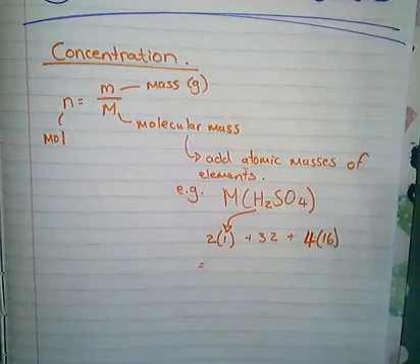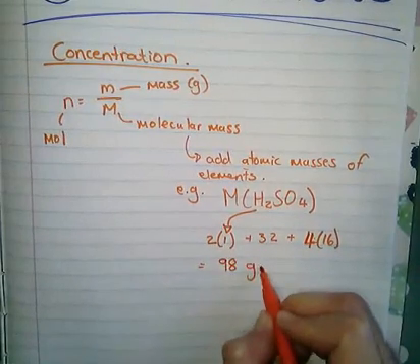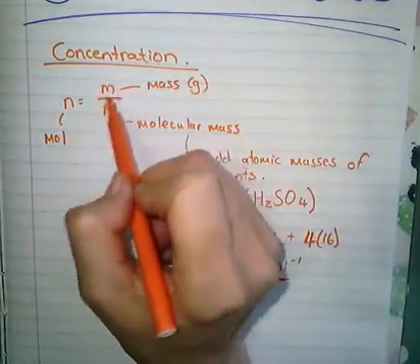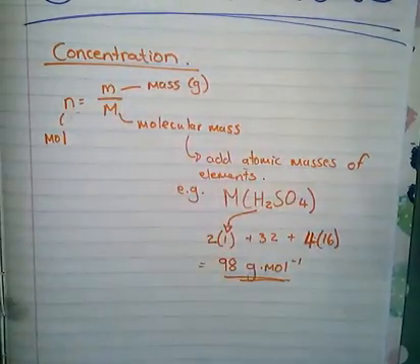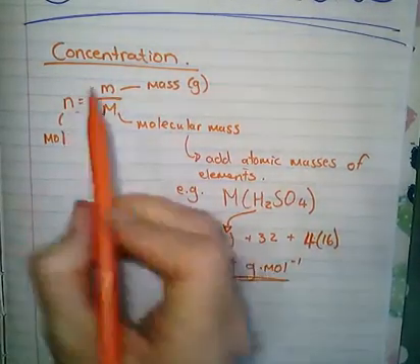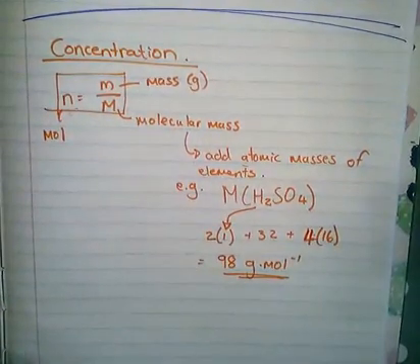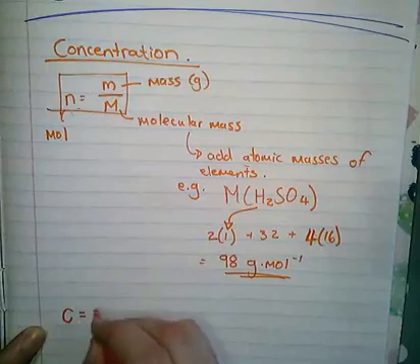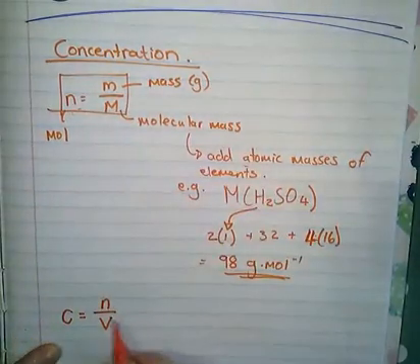Okay, so that's the one formula we need in order to eventually calculate concentration. And then concentration is equal to n over V. n is m over M, right? So because n is m over M, we can also, in the place of n, substitute m over M. So that would mean c is equal to m over MV.